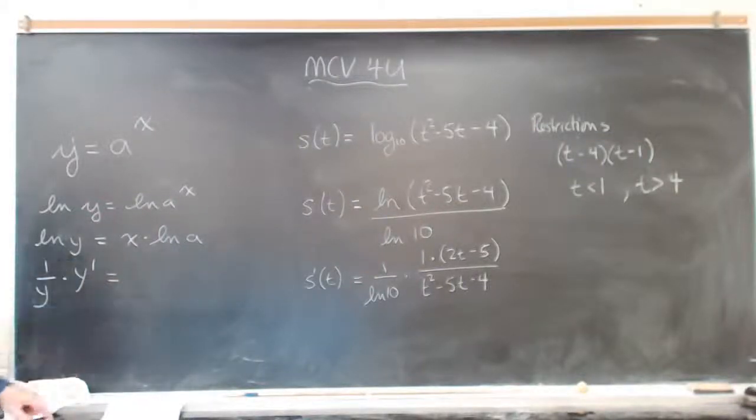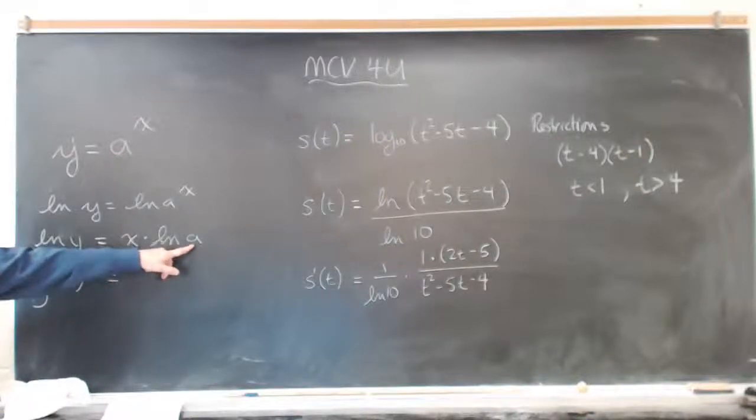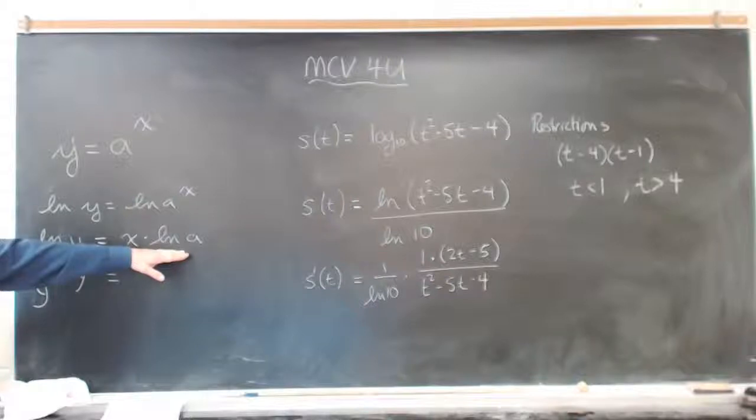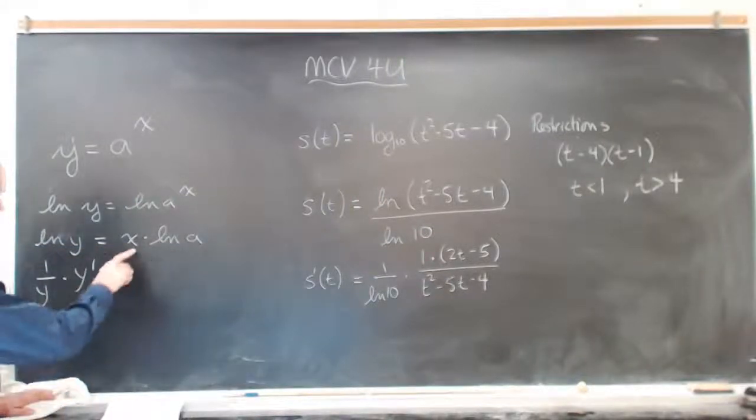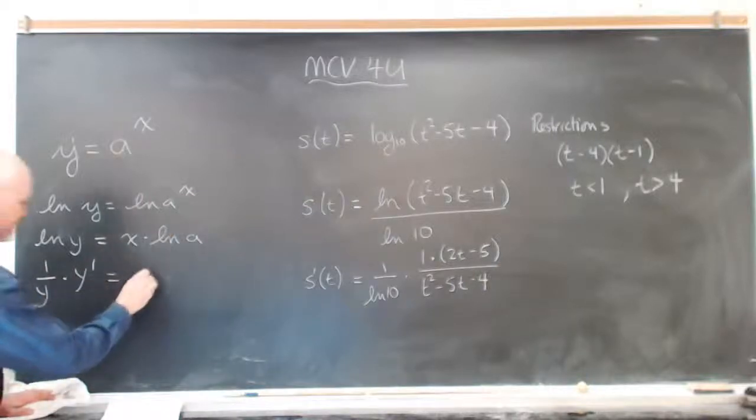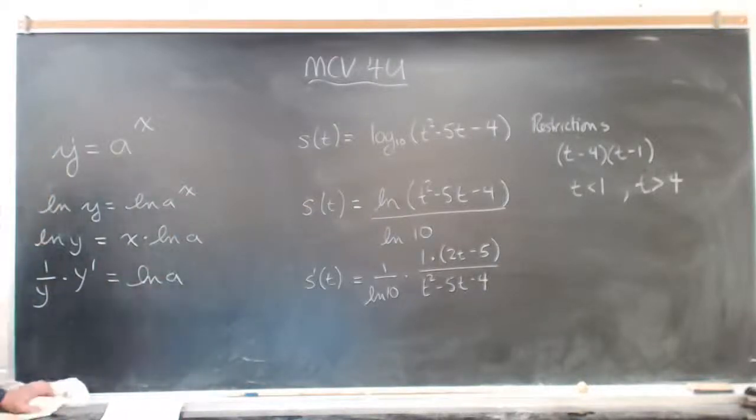Okay, and then we do the derivative of this side. A is a number, so this is really just a constant. So we're just going to use our constant rule. X is x to the exponent 1. So this is actually just the natural log of a.